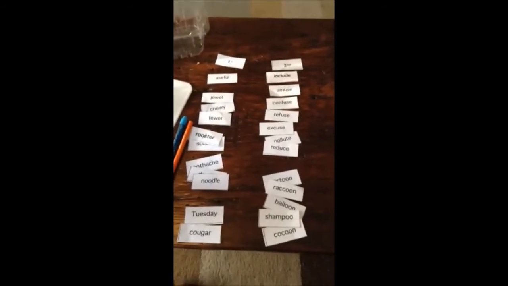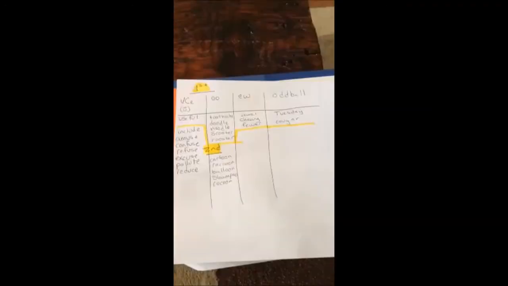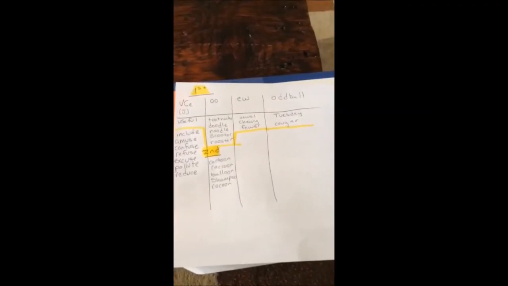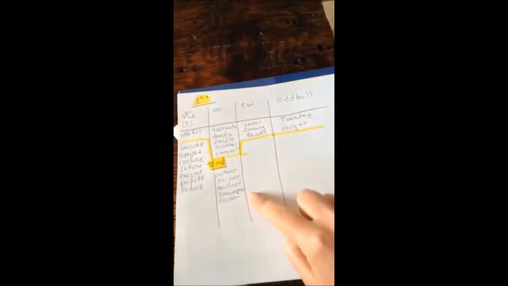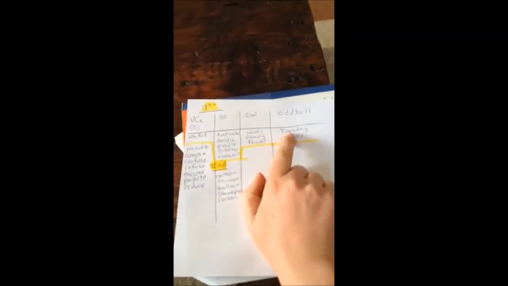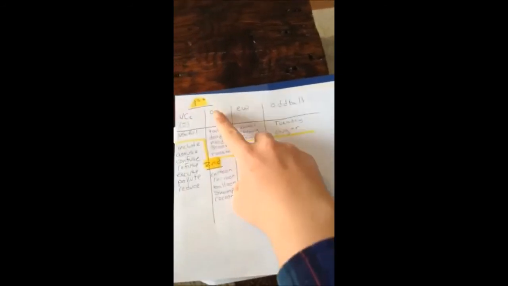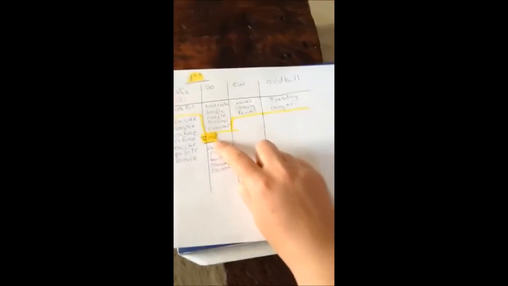And what I'll do next is I will show you how I would record it and how you should record it as well. So this is what your sort should have ended up looking like. So I've made my pattern categories at the top, the vowel, consonant E, double O, EW, and oddball, and then I separated the first and second syllable groups by just drawing a yellow line to show that anything above the yellow line is within the first syllable of the word, and anything below the line, the long U is in the second syllable.